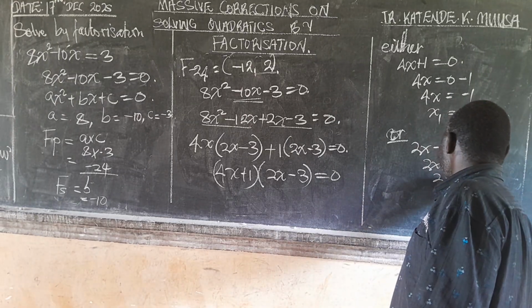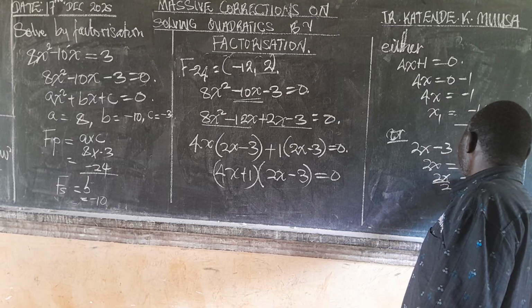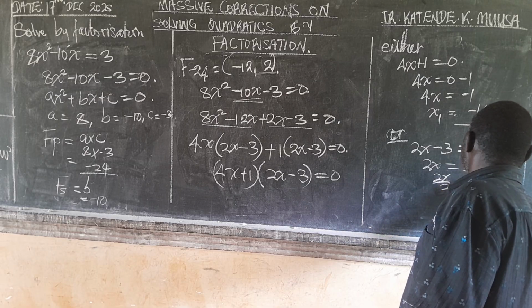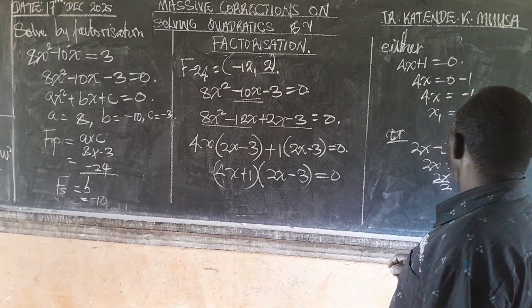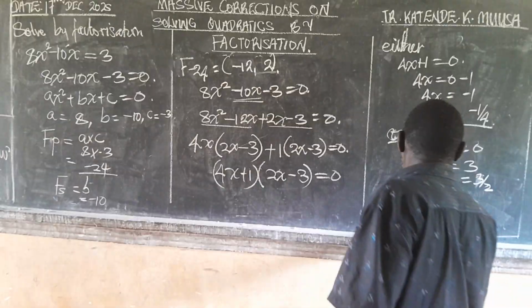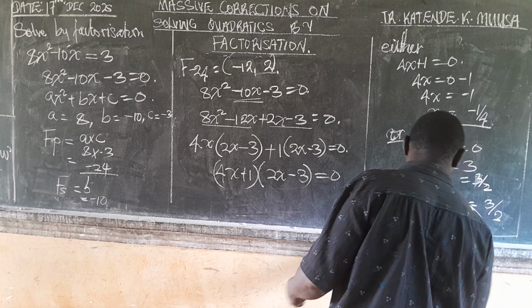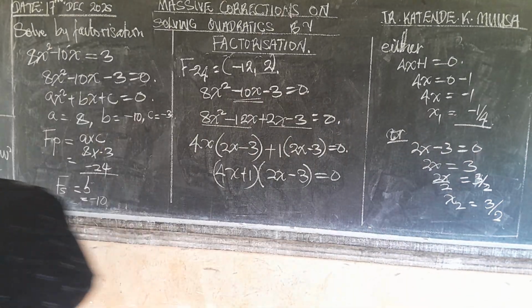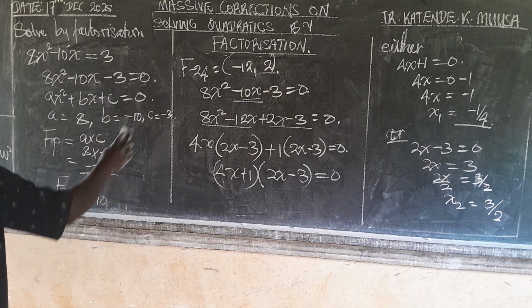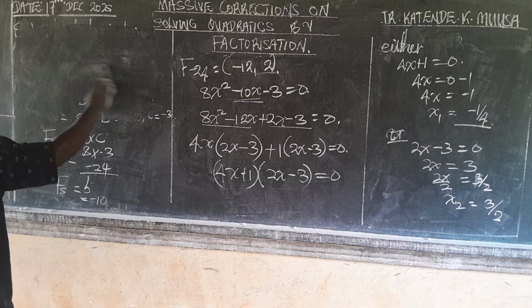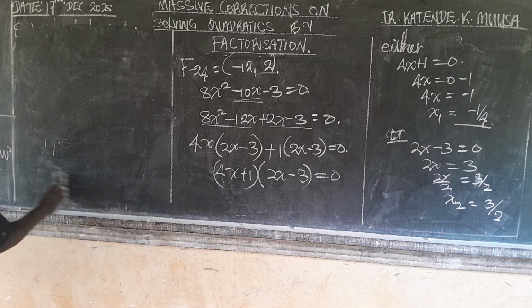Therefore, if we divide by 2 on either side, x2 equals 3 over 2. Now collectively, we can also rewrite our answers together, for easier understanding.